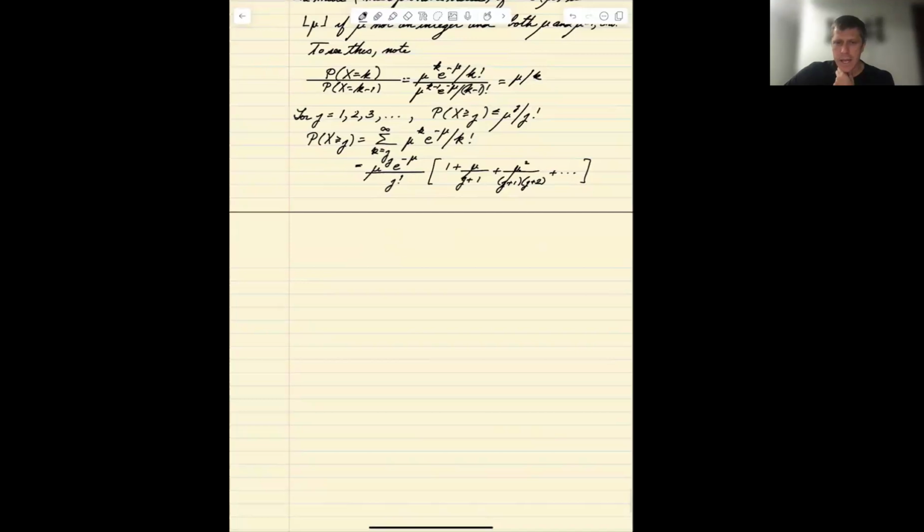The key idea now is that this here is strictly less than mu to the j e to the minus mu over j factorial times 1 plus mu over 1 factorial plus mu squared over 2 factorial and so on, because j is at least 0. But this is exactly the Taylor expansion for e to the mu. And so that's going to cancel with this other e to the minus mu, and we get mu to the j over j factorial.